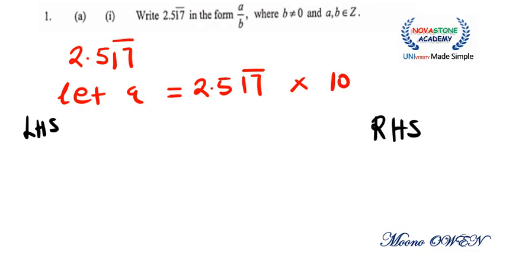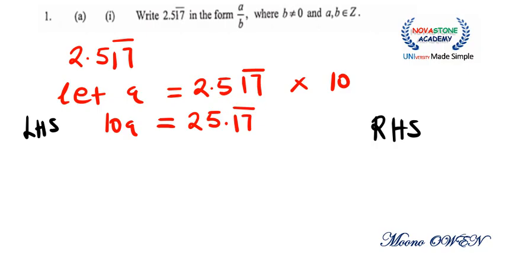If I multiply by 10 on both sides, on my left hand side I'm going to have 10a. On the other side, the point is just going to move once, so I'm going to have 25.17 repeating. Now I'm going to multiply by 100, because I want the point to move 2 times: 1, 2. That's where I want my point to be.